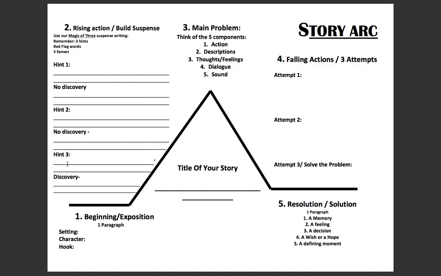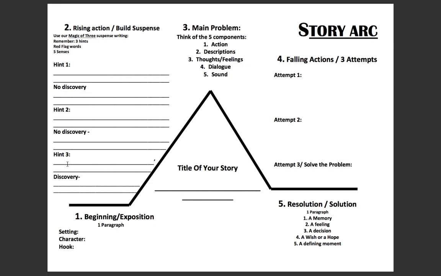You need to use your red flag words, which are words that have to do with time: suddenly, in a second, in a flash. Something happens right away. And those are all connected to your five senses: seeing, tasting, smelling, touching, and, oh, hearing.